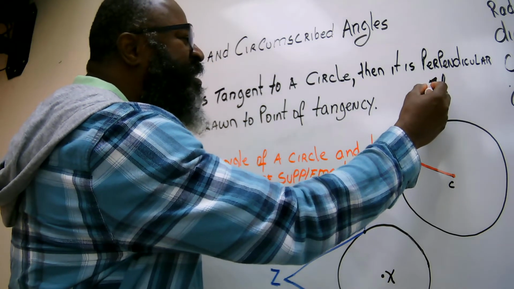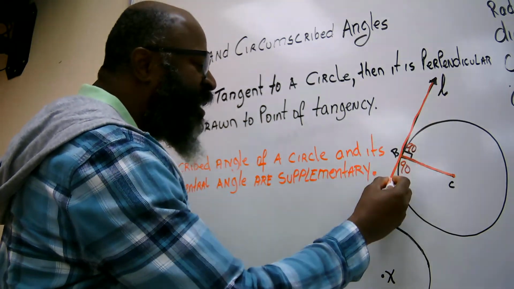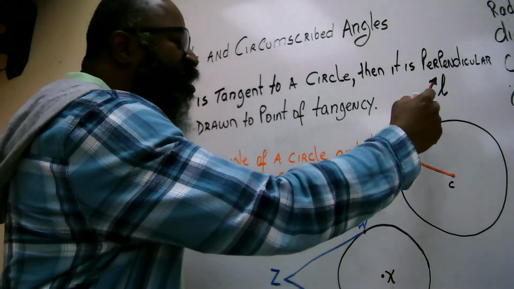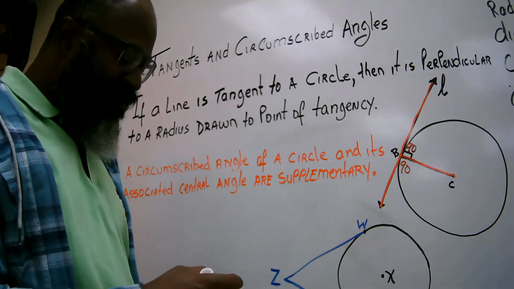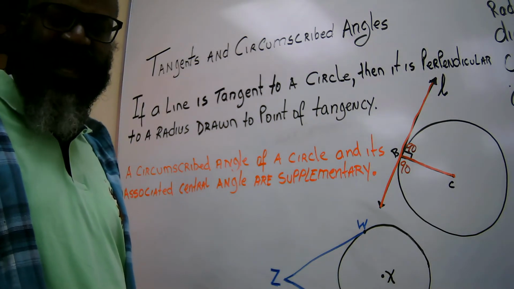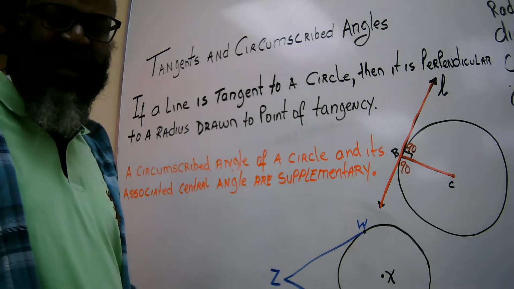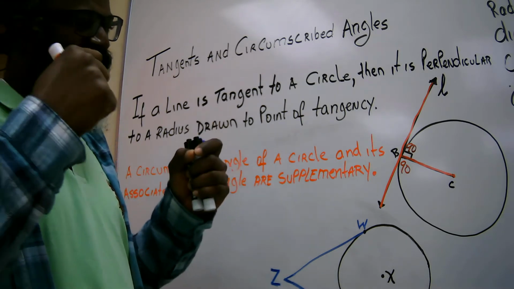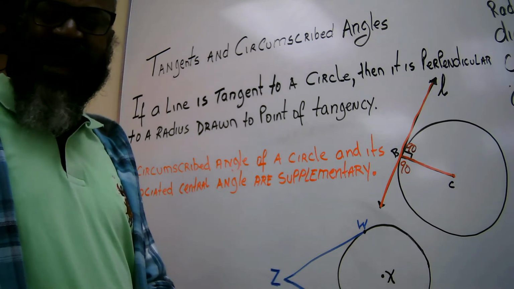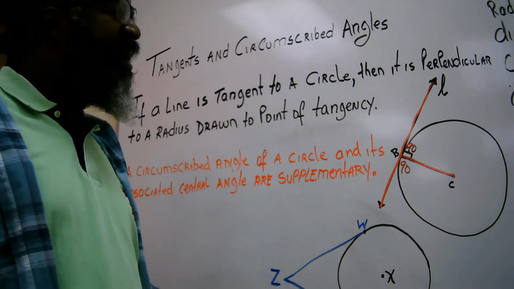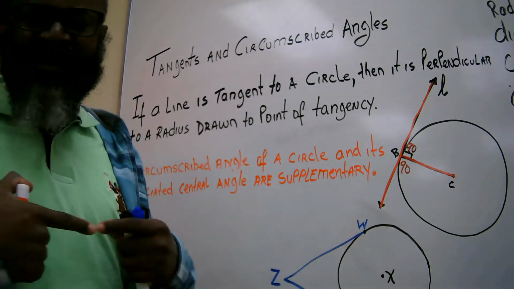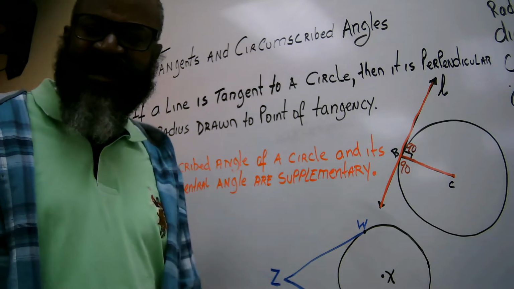As you know already, a line is a straight angle. The two angles that form the line, a linear pair, add up to 180. Let's stress this again. If you take the point of tangency and connect it to the center of the circle, the radius will be perpendicular to the tangent line, meaning there's a 90 degree angle formed at the intersection.